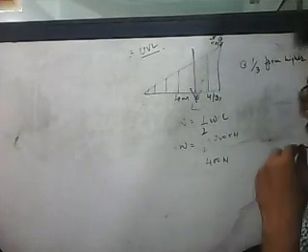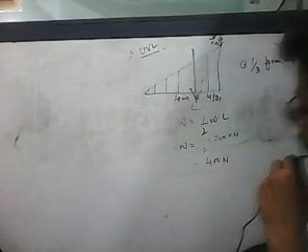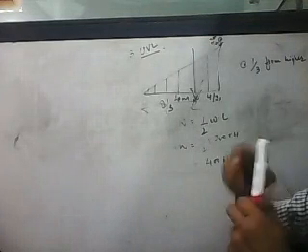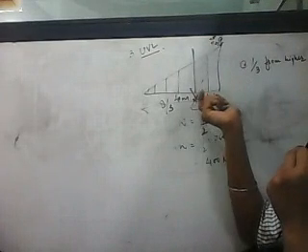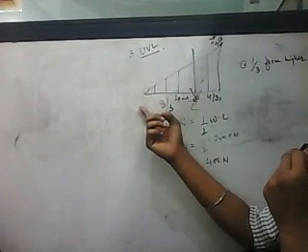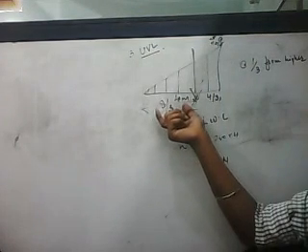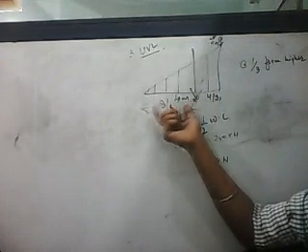And here it is 8 upon 3. From the higher end, it is 4 upon 3, and from the lower end it is 2 into length upon 3, it is 8 upon 3.